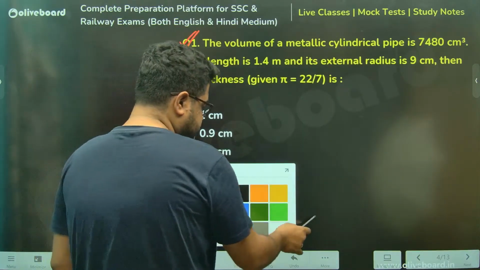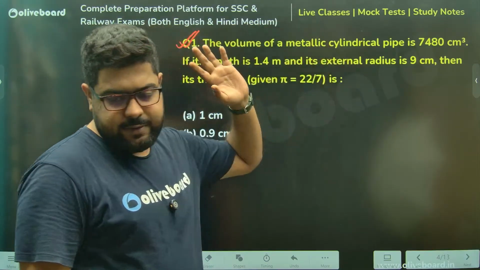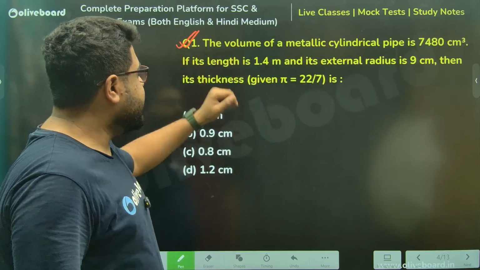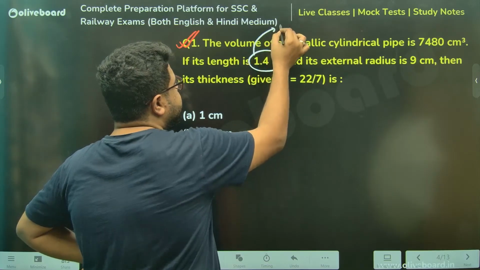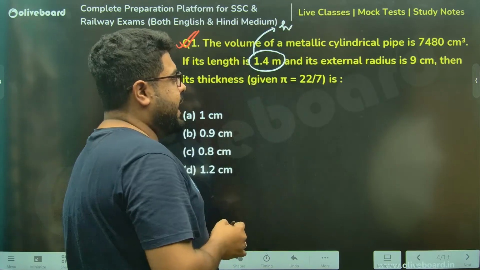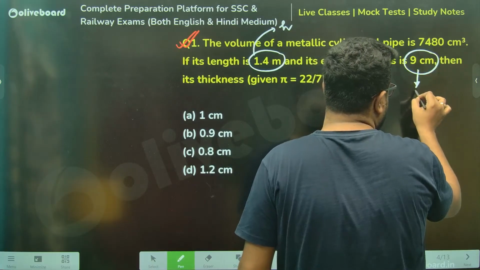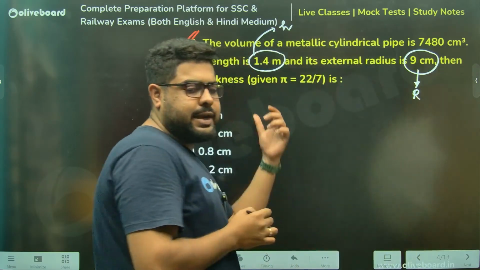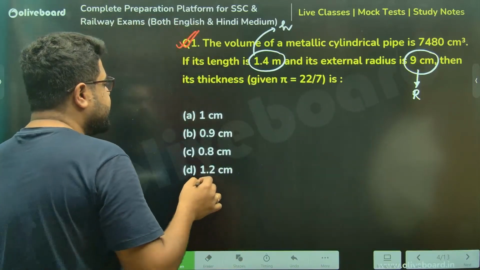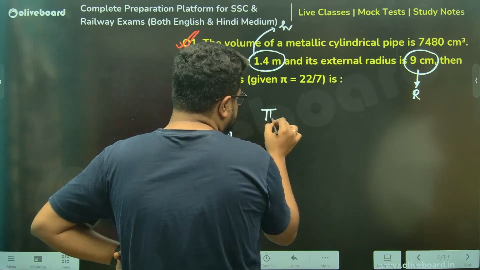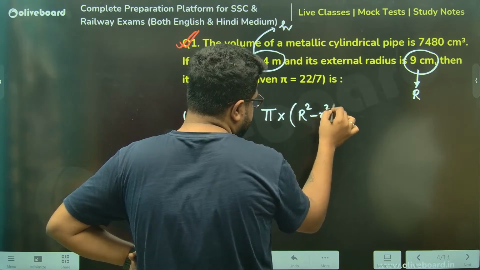The volume of a metallic cylindrical pipe is given. The length is given; in the case of a cylinder, it is considered as the height. The external radius is given. In the case of a hollow cylinder, with external and internal radius, the volume is pi (R square minus r square) into h.